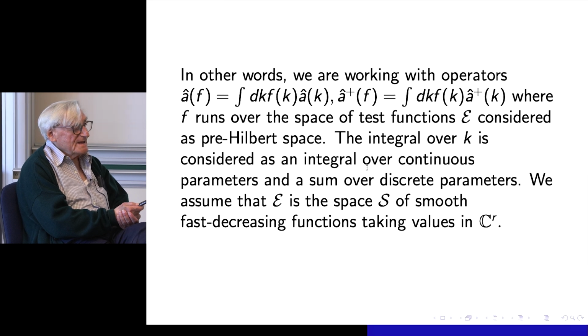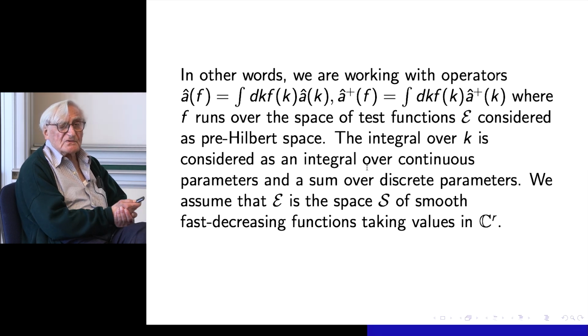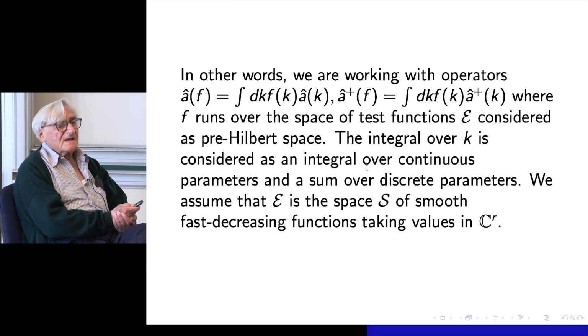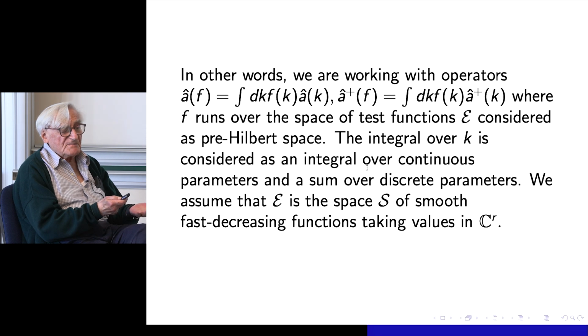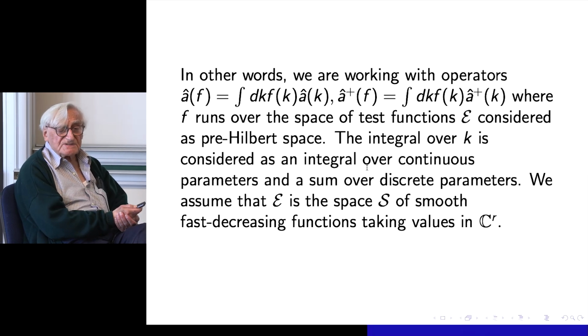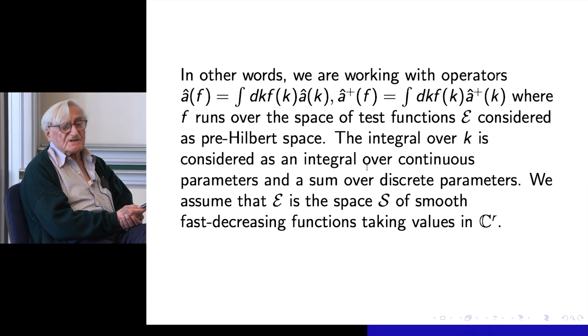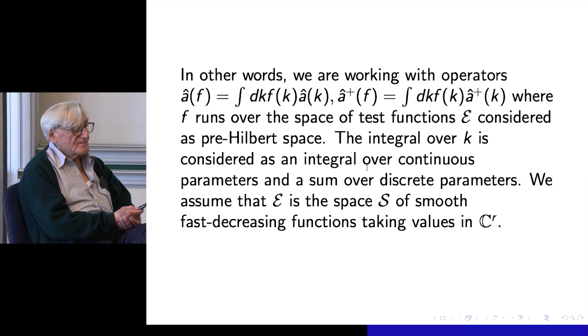Then in the case of an infinite number of degrees of freedom, you have precisely the same picture, but many representations of canonical commutation relations, and you should really consider all of them. This is a problem, because you do not know which representation to choose.